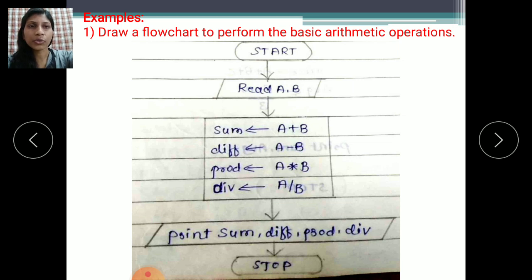Whatever inputs you are using in your program, if you want to show those inputs, use the parallelogram. This symbol is called a parallelogram. We use the parallelogram to read the inputs. Okay, see here, read the inputs, read A, B, then join the next symbol.